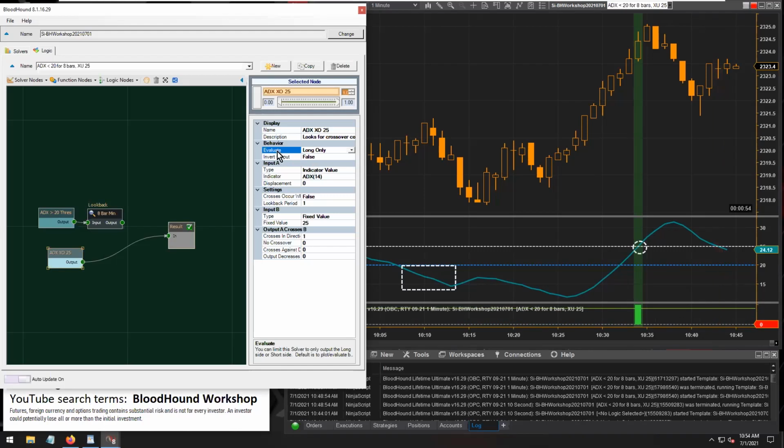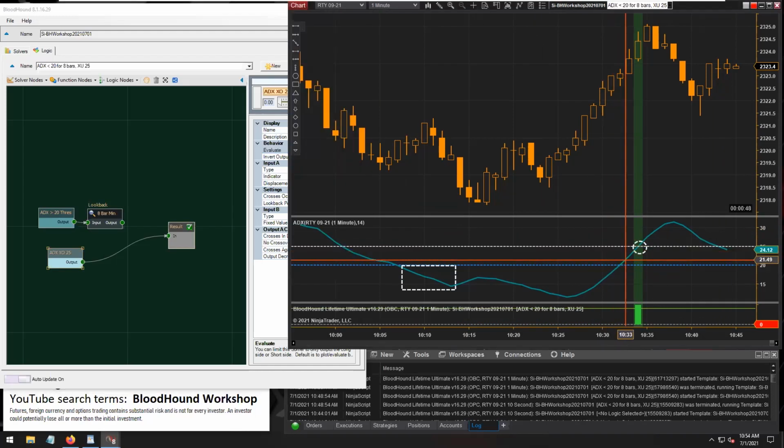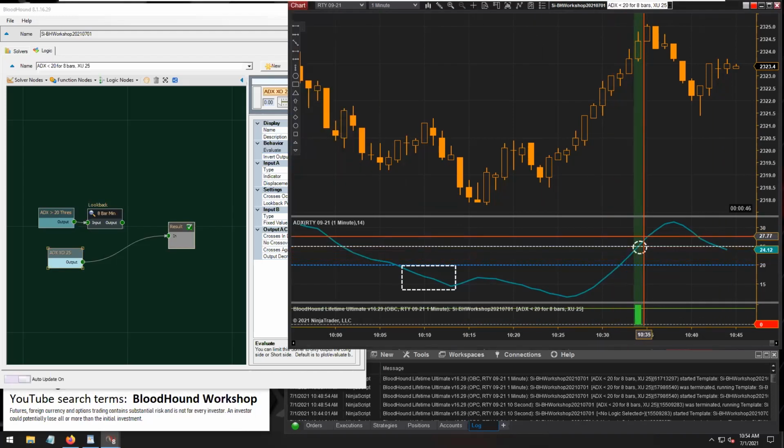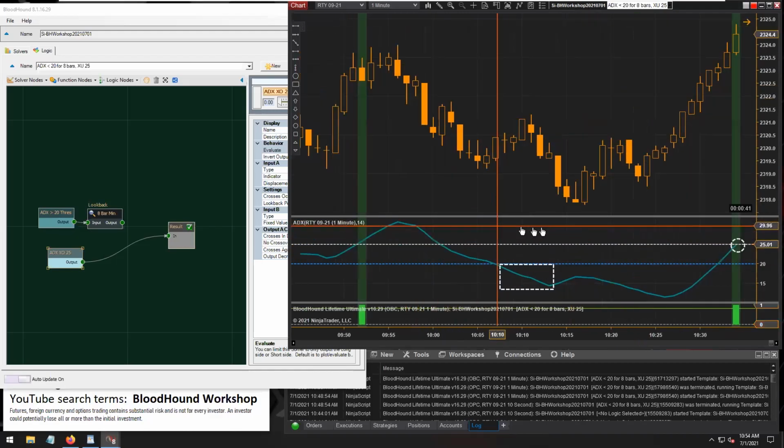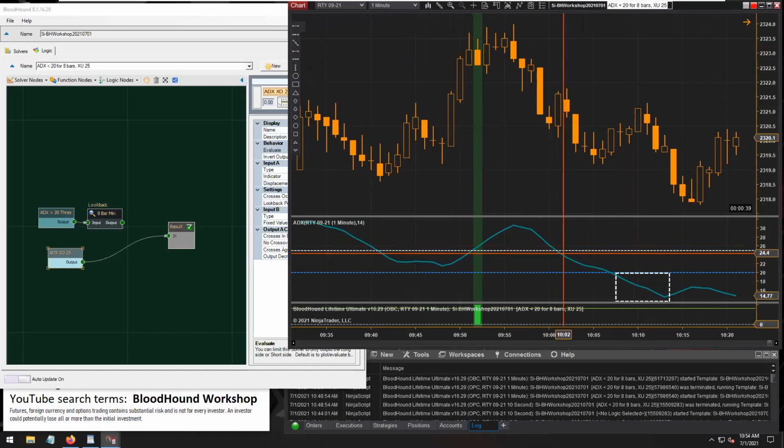So I want to evaluate the long only output. And there we have it. Now only when the ADX crosses up above 25, we get a long output. And whenever the ADX crosses down below, no short output.